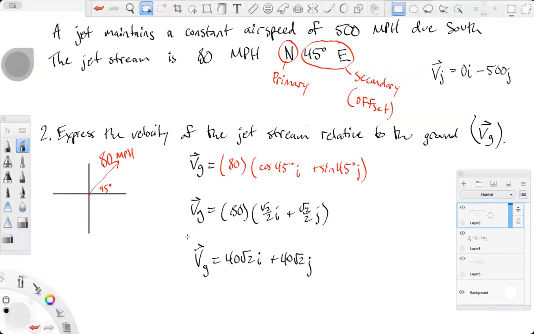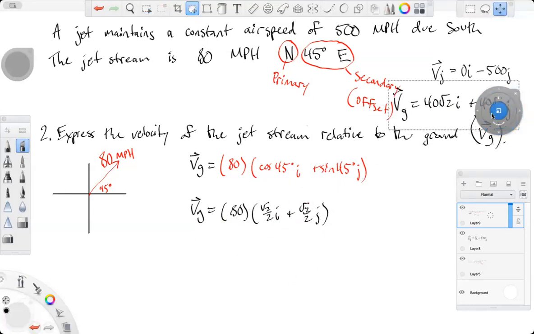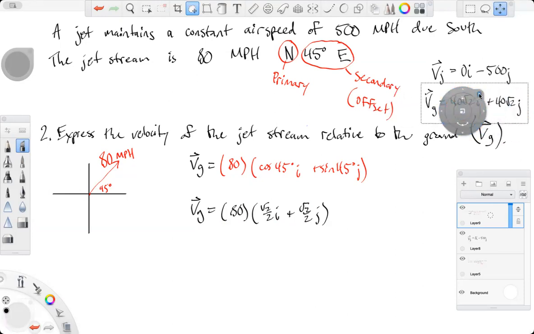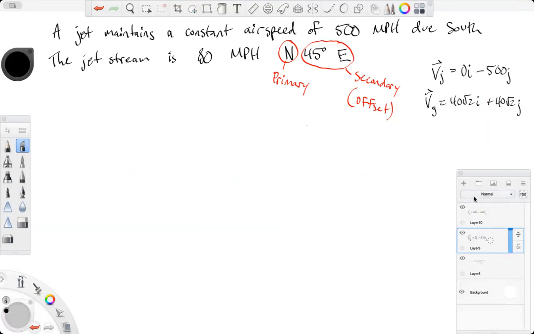So there's that, and now I'm just going to cut this out and put it over here with our other vector. So now we know the velocity of the jet in the air, and we know the velocity of the air relative to the ground. So for this next part, we're going to be asked to find the velocity of the jet relative to the ground.